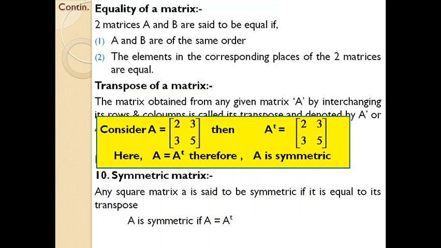So whenever a matrix and its transpose are generated and the elements of the first matrix and its transpose remain the same, such a matrix is known as a symmetric matrix. So we can say if A equals A raised to T, then the first matrix is known as a symmetric matrix.